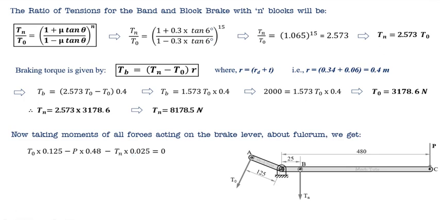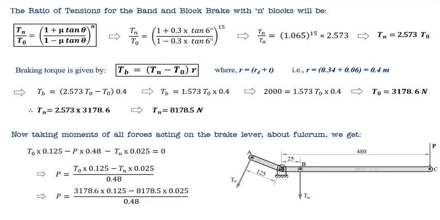Now this equation can be rewritten as P is equal to (T0 into 0.125 minus Tn into 0.025) divided by 0.48. Now substituting the values of T0 and Tn, we have P is equal to (3178.6 into 0.125 minus 8178.5 multiplied by 0.025) divided by 0.48.